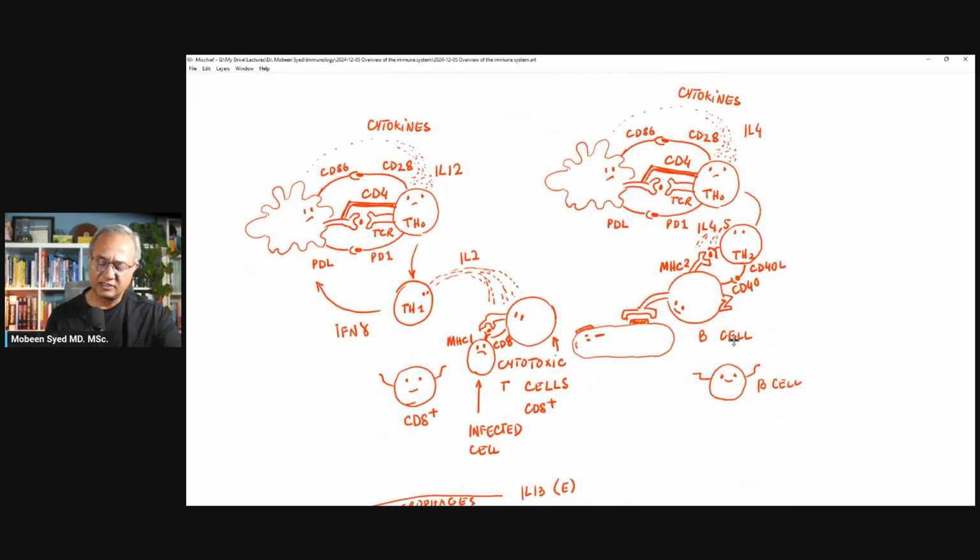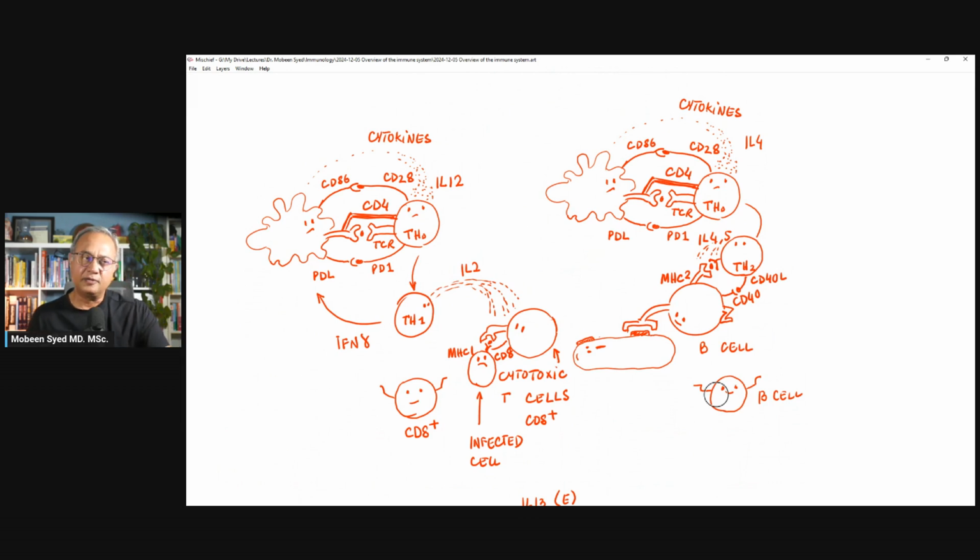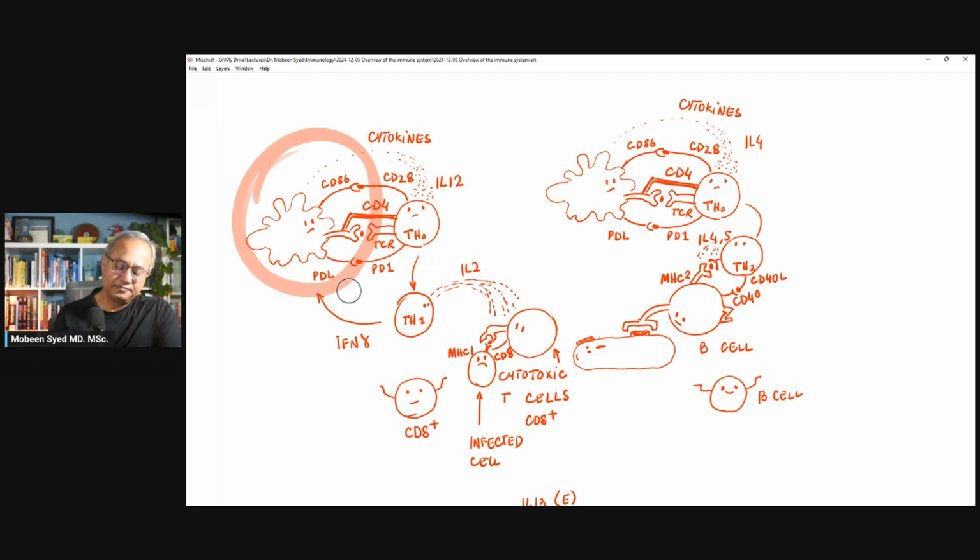So now this is a little busy diagram, but I'll walk you through it, and this is a very important diagram. So starting from here, ignore all the rest, starting from here. This is a dendritic cell. This dendritic cell had phagocytosed a pathogen. It had eaten up a pathogen, broken it up into smaller pieces, and is presenting one of those pieces here on its MHC2.